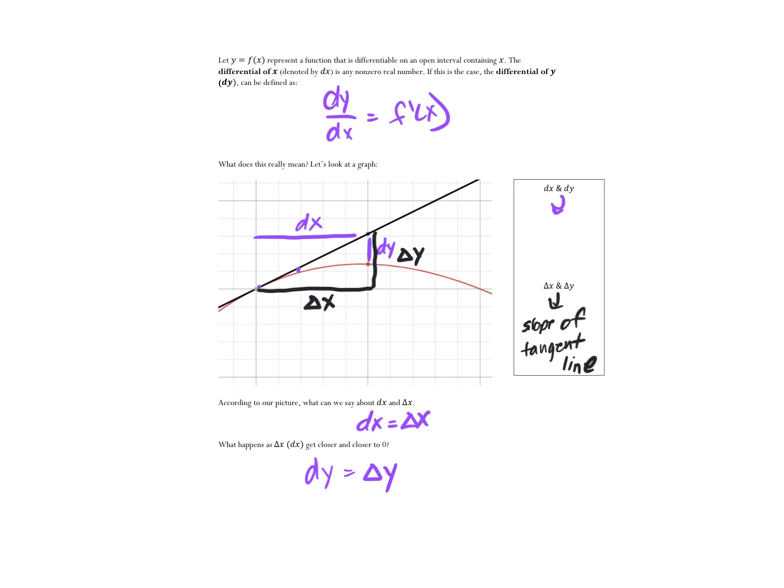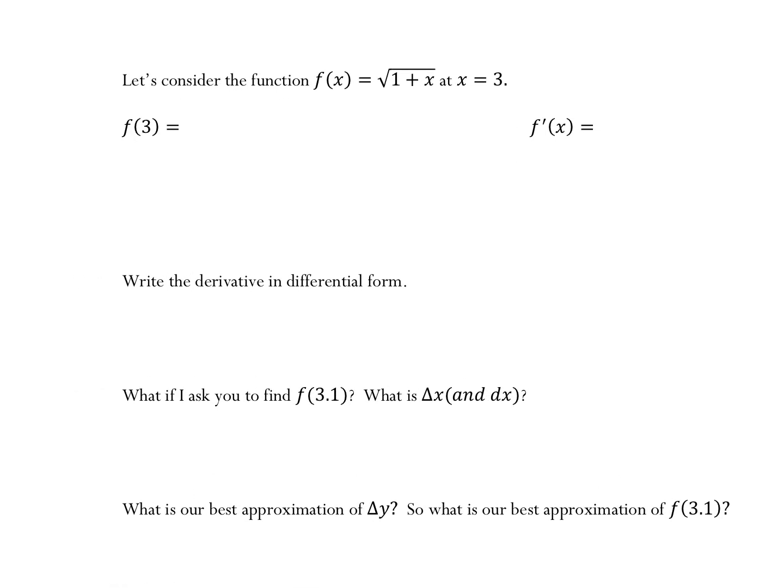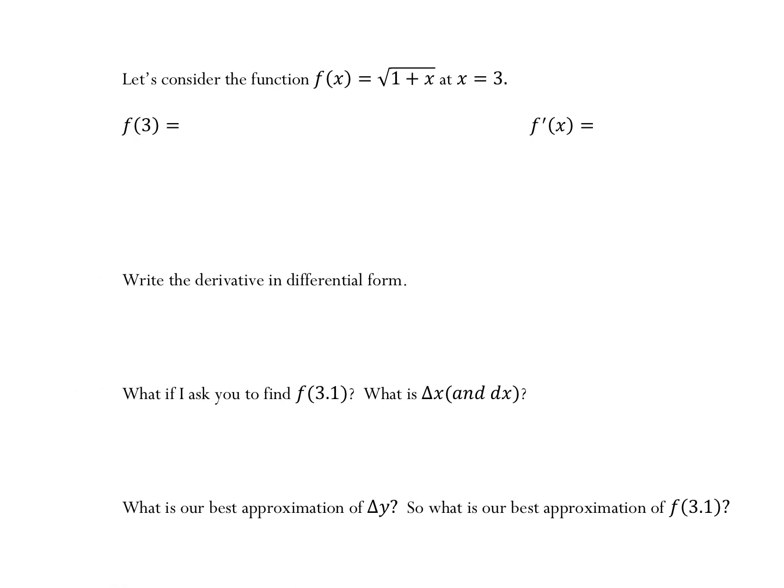So what's the big idea of this, okay? Here, the value of the function plus dy gets us the same y value here, okay? So if I want to find the y value of the function, it's related to the line and dy, okay? Well, let's consider the function f of x equals the square root of 1 plus x at the point x equals 3.